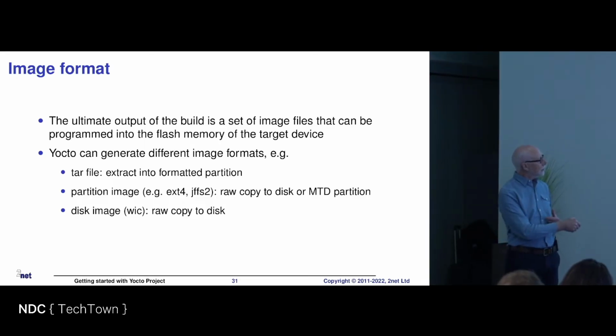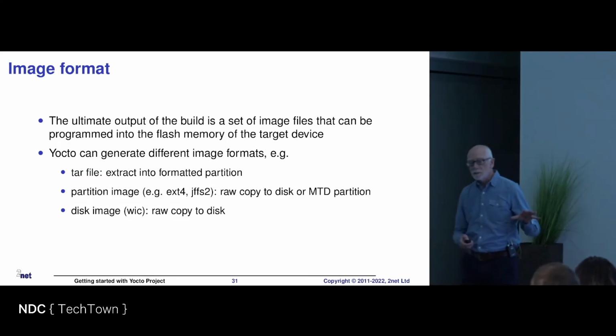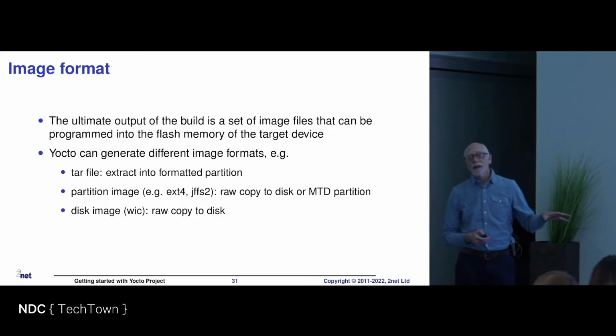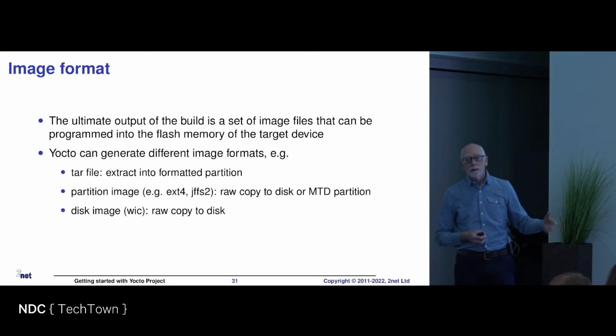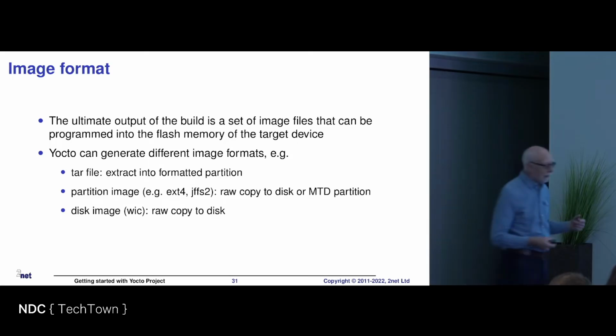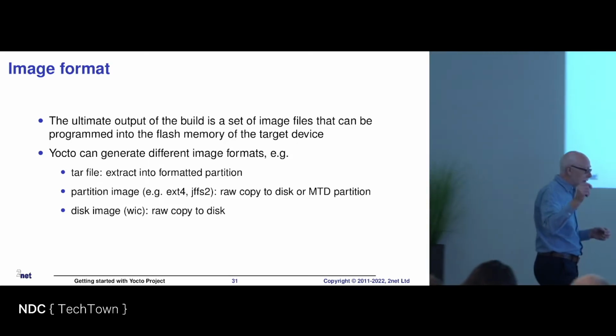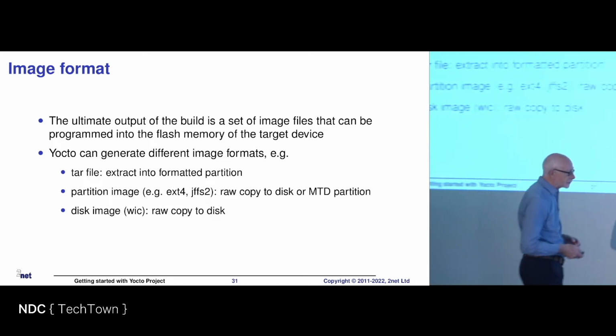Or you can actually use something called WIC, which is an image creator, I don't remember what WIC stands for, it doesn't matter, which will create disk images, in other words, including a partition table, and you can just dd the entire disk image to the root of a block device, hopefully an SD card, and you can then plug that into your target device, and away it goes.